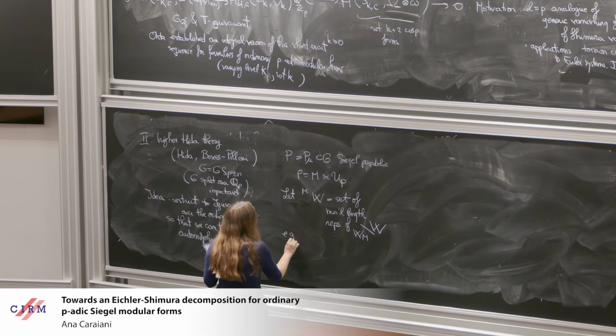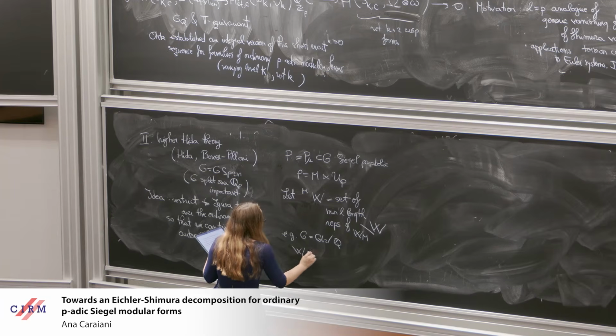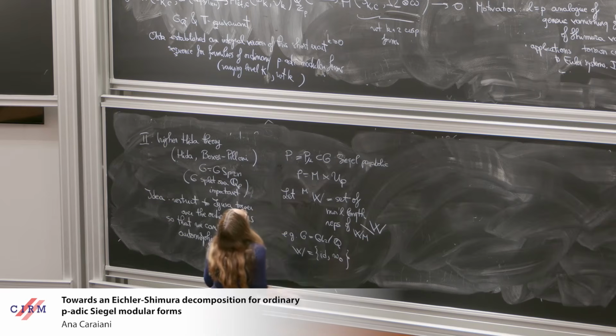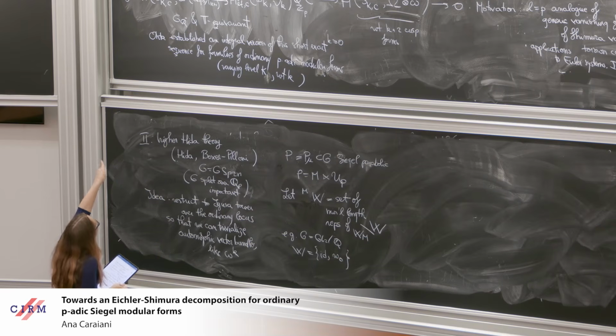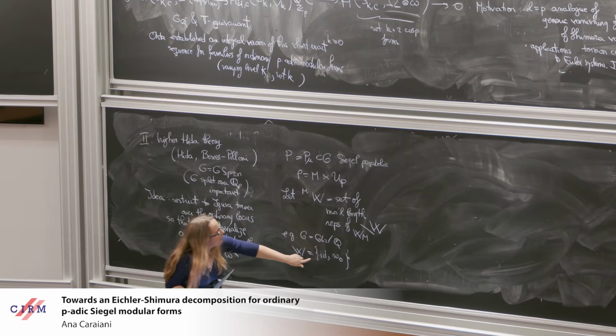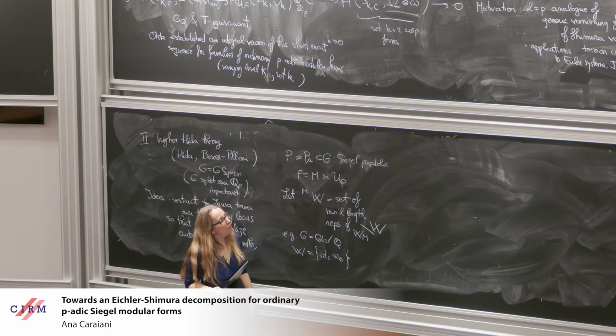Okay, but just as an example, in this case of GL2 over Q, this is just the Weil group of G, and it consists of two elements, identity and w0, right? And for the theorem that's still the Ohta theorem, you should think of H0 being, if you construct a higher Hida theory for H0, that corresponds to the identity element.